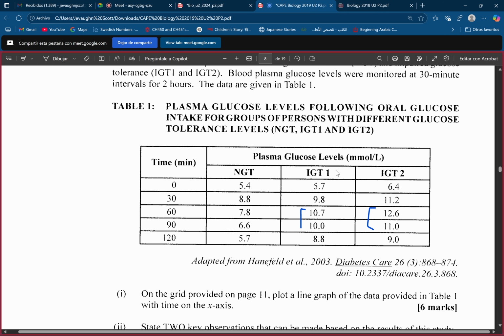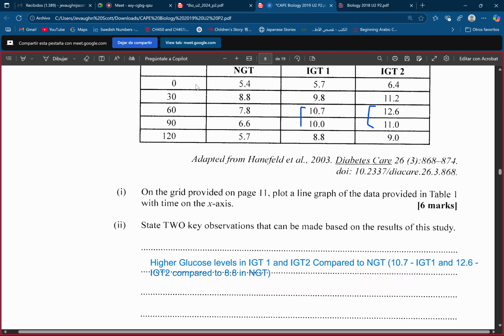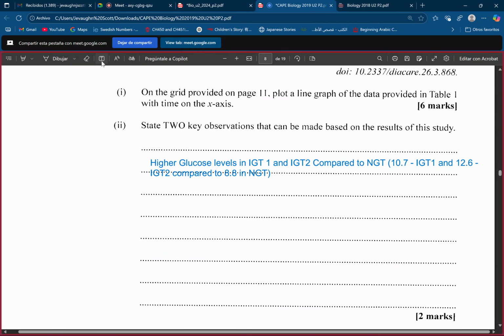While IGT now reaches higher peaks, even though it's higher peaks, it takes a longer time to reach peak than the NGT, and that's the same for the IGT. So I would say that it takes a longer time for them to reach there, or what we could say is a delayed return to the baseline.